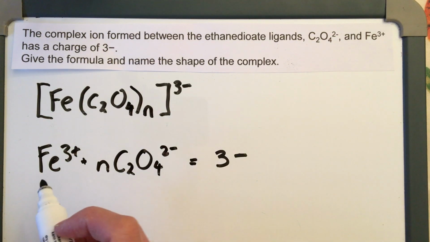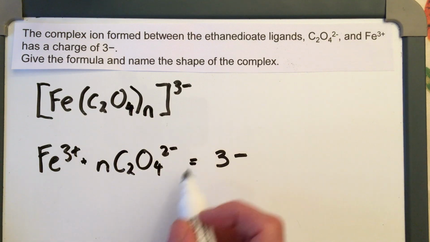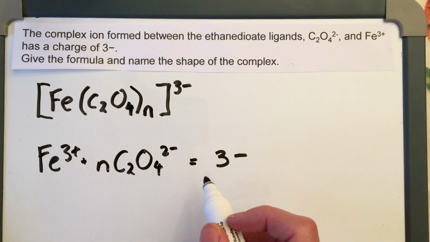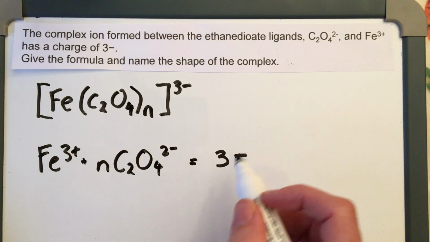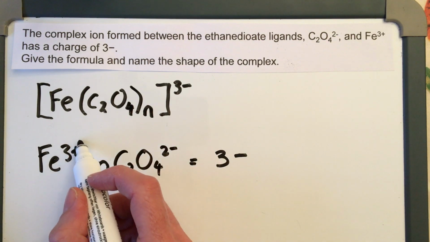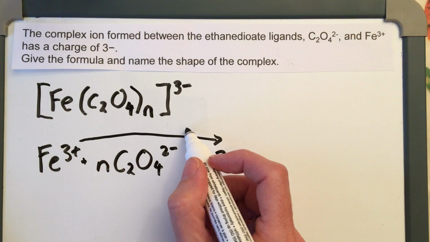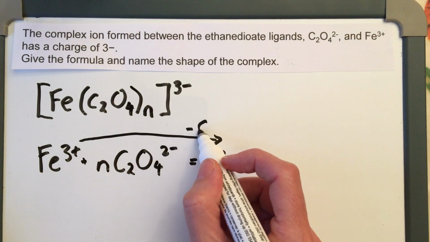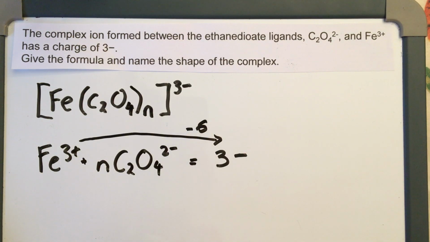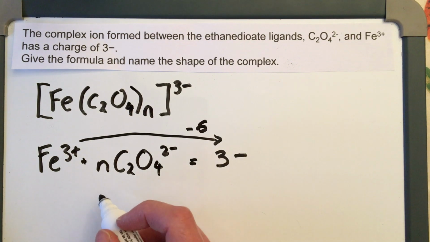So we've got 3+ minus something makes 3-. So to get from 3+ to 3-, you're doing -6. You could write this more like a mathematical expression if you're really confident with maths, and it's fine to do that. But I'm just going to think it through.